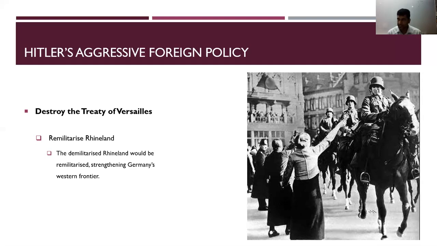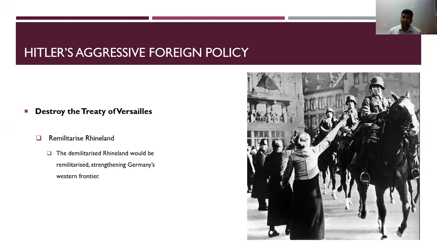A good evidence of this is that a lot of people have come out to see the soldiers marching into Rhineland, and you can see these women over here giving the Nazi salute. Now, the Nazi salute also shows patriotism, nationalism to the Third Reich.